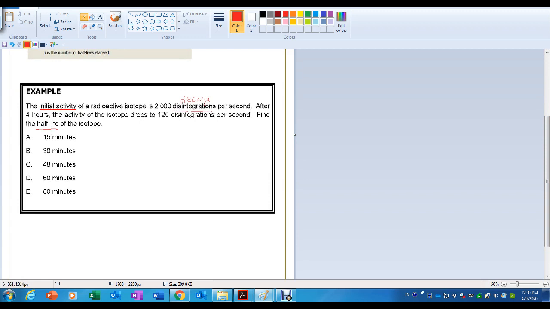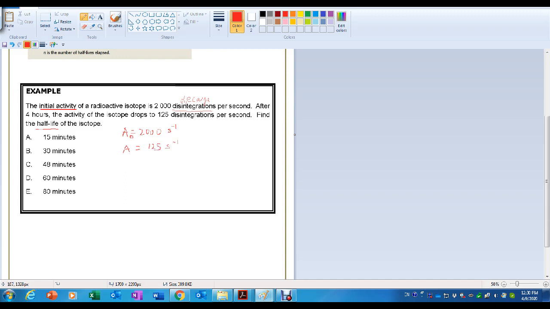All right, so that's 2000 would be our A naught, per second. I just write per second would be fine. And so that's A naught, that's the initial level. And it dropped to 125, so that's the activity now.